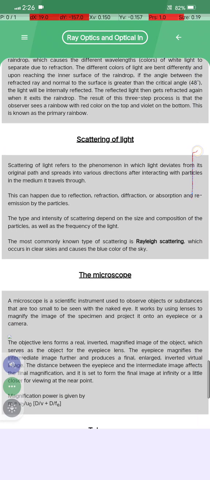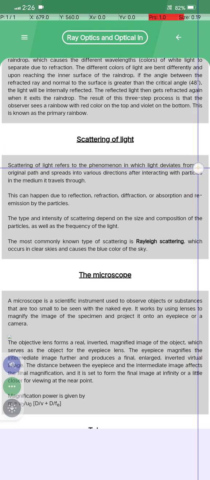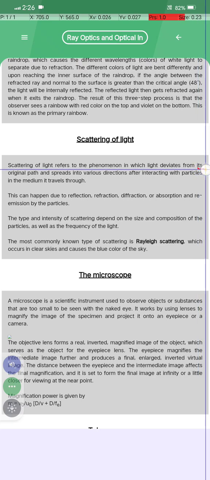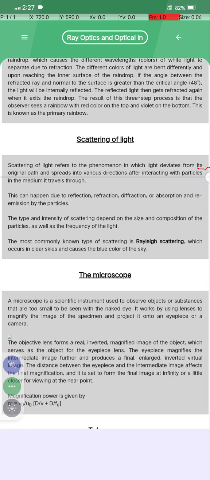Okay, what is scattering of light? Scattering of light refers to the phenomenon in which light deviates from its original path and spreads into various directions after interaction with the particles in the medium it travels through. This can happen due to reflection, refraction, diffraction, or absorption and re-emission by the particles.